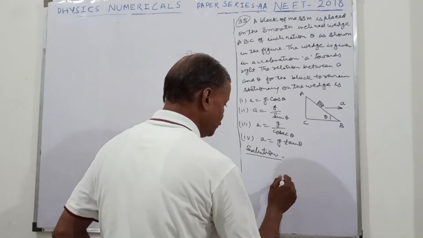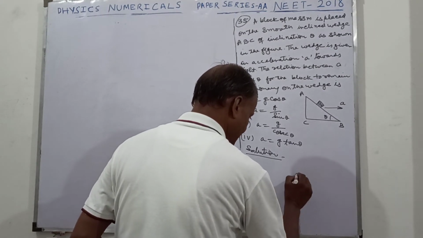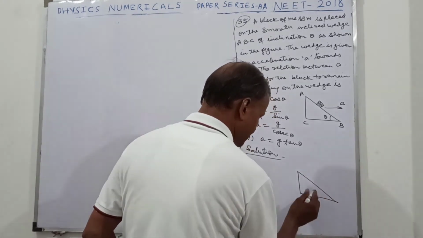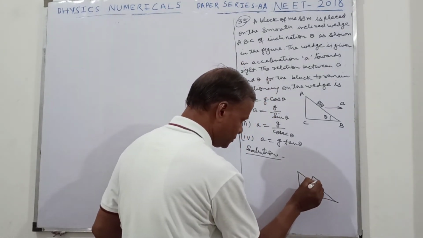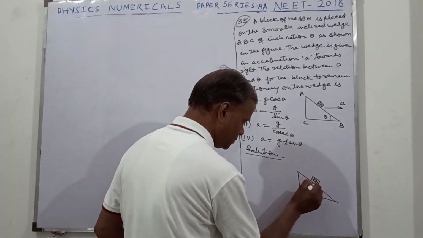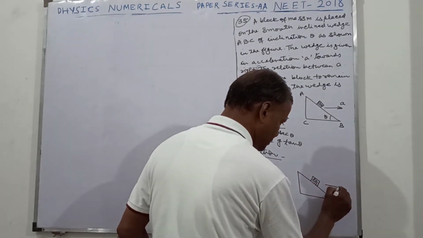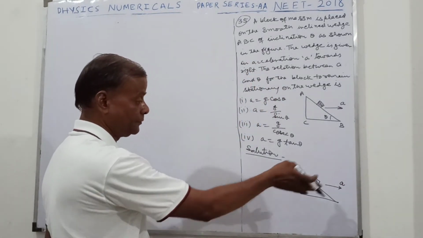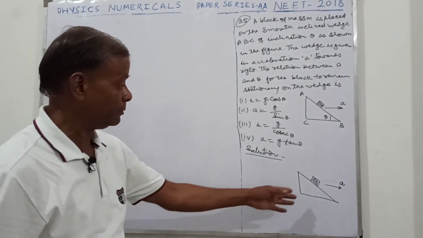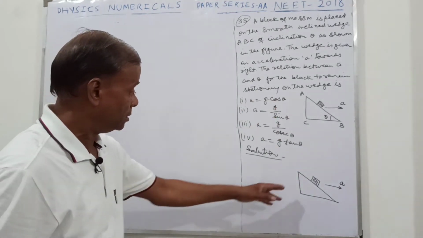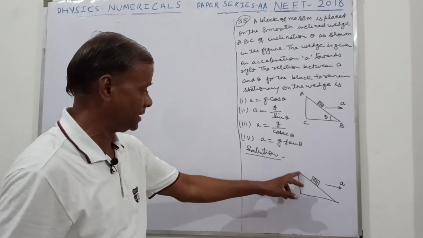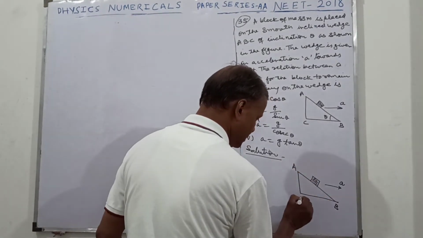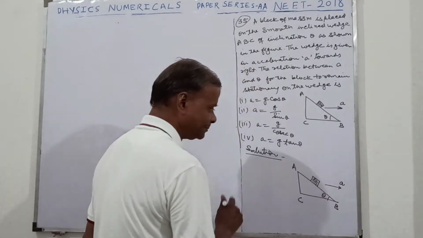So for its solution, we are given this block, and acceleration is given in this direction. When the acceleration is given towards the right, the block will move upward along the incline up to A. This is now A, B and C. This angle is theta.